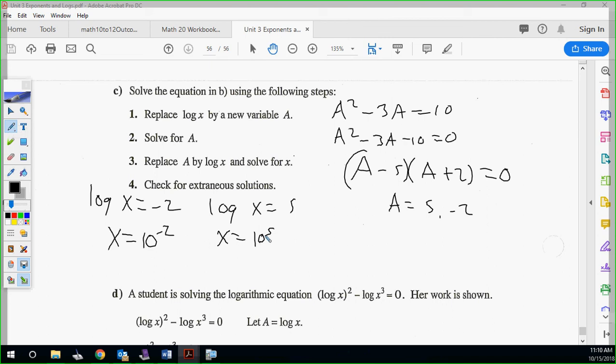We plug those both in, and they both will work. I'll save us a little time: when you plug them back into the original, it's going to work for both of them. Remember, this is 1 over 100, and this is 100,000. It's 5 zeros.